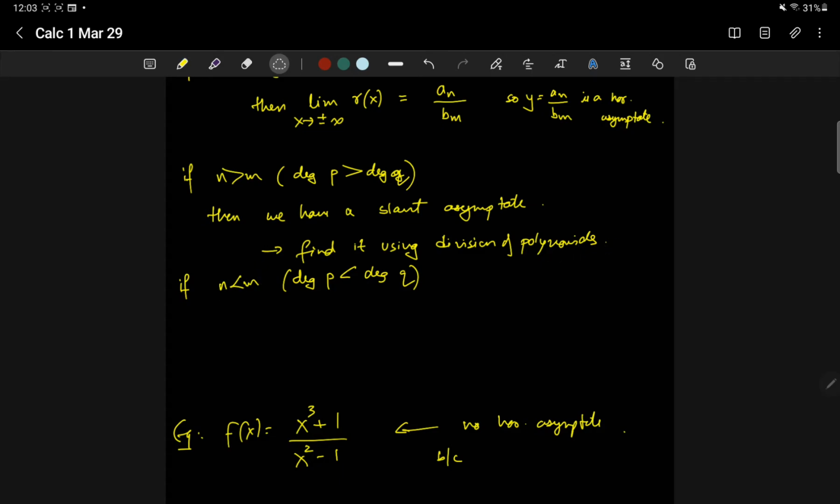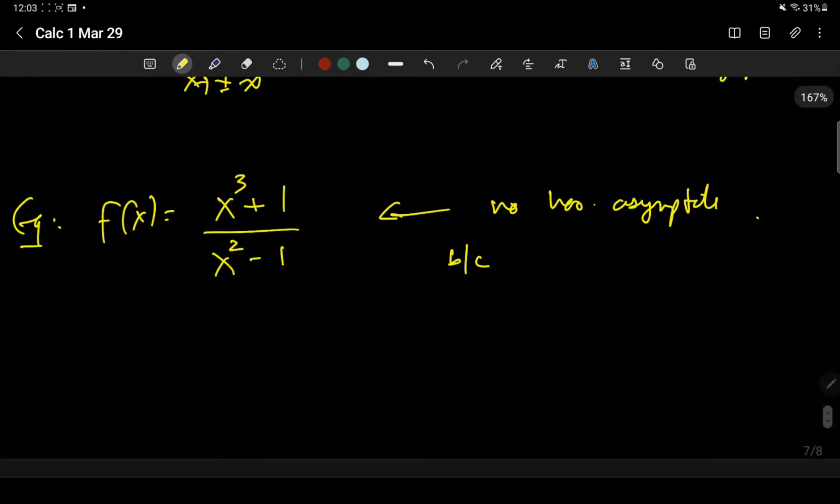If n is less than m, then you always have that this limit is going to be 0. So y equals 0 is always a horizontal asymptote. This is only in the case of rational functions.